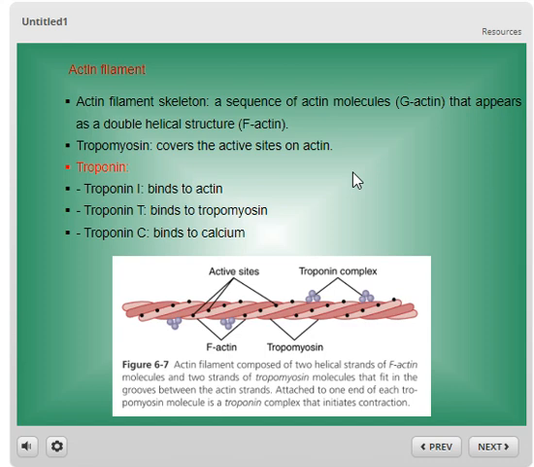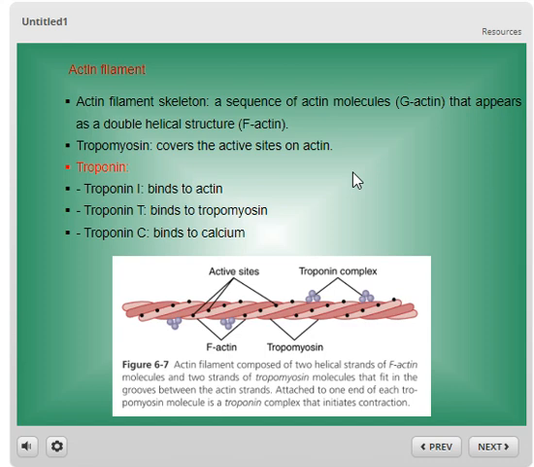As you know, the actin filament skeleton is a sequence of actin molecules, G-actin, that appears as a double helical structure that's called F-actin.